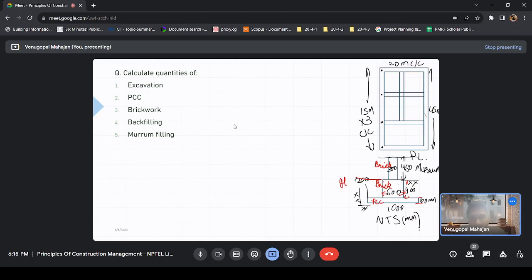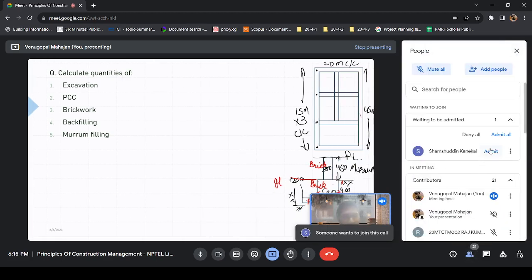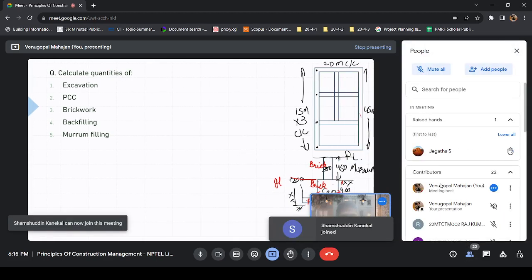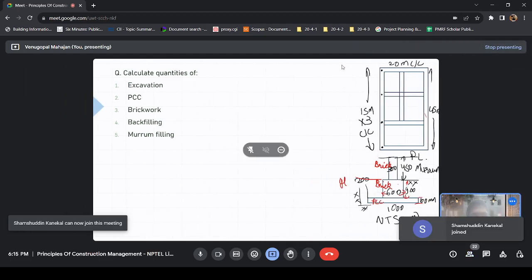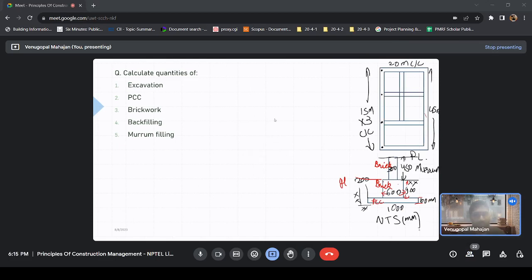Guys, you will have to talk in this session. Calculate the center line. Okay, why? So let's try to calculate the center line here.